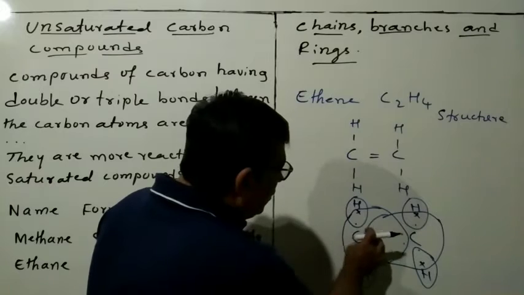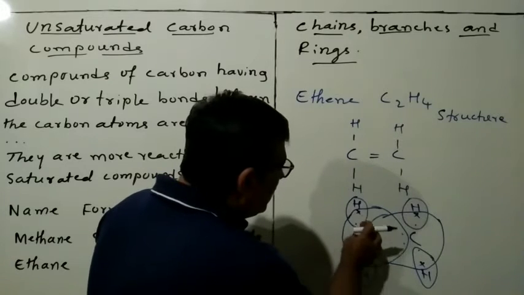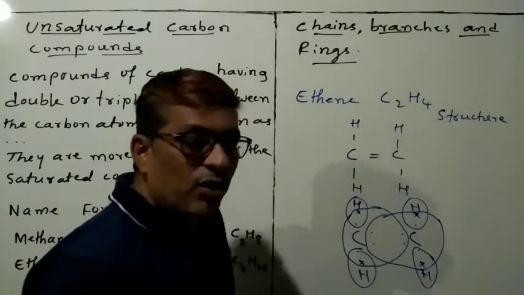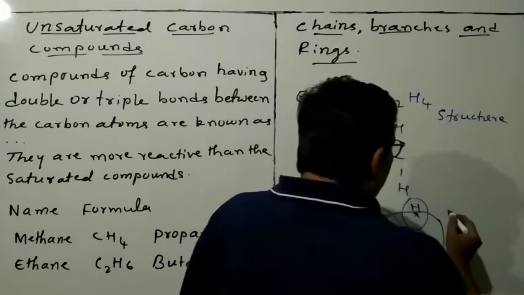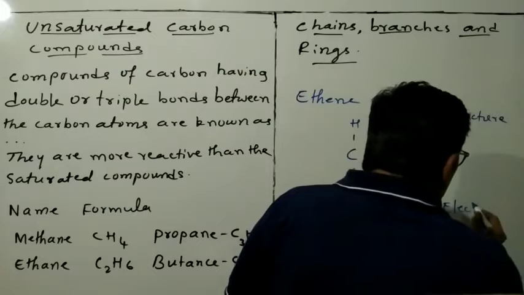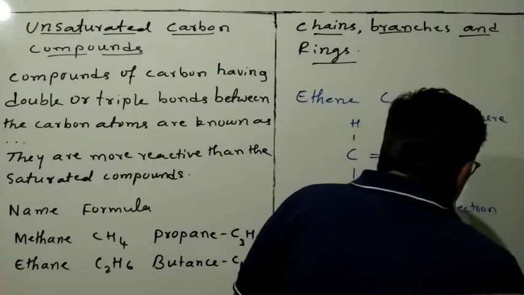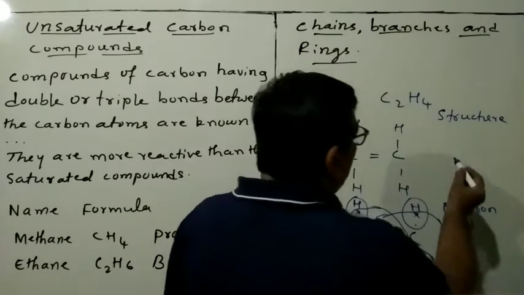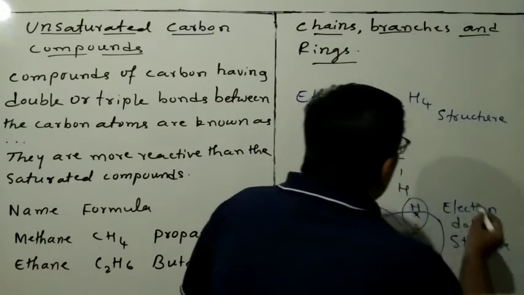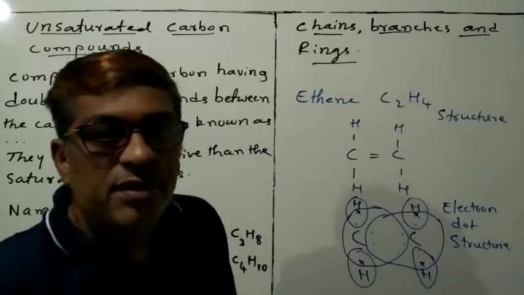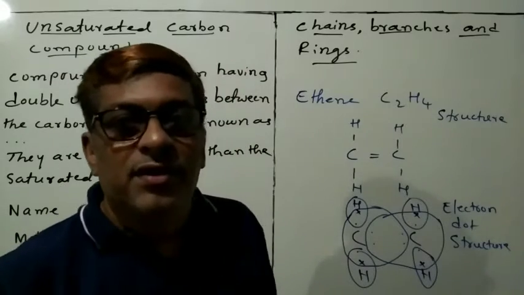See here, carbon 2, 3, 4, 5, 6 and 7, 8. In this way, this is the structure of the carbon atom and this one is the electron dot structure of ethene.